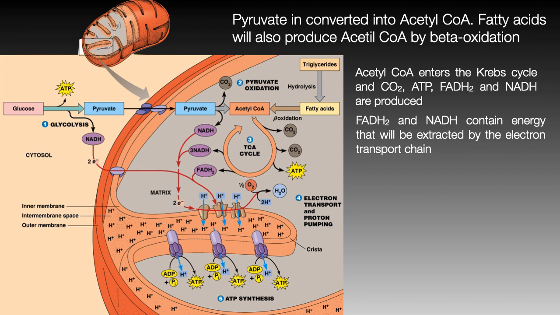The Krebs cycle, as you see here, also produces carbon dioxide. That is what you breathe out with every exhalation. NADH and FADH2 still contain much energy, and that will be used to pump protons into the intermembrane space.